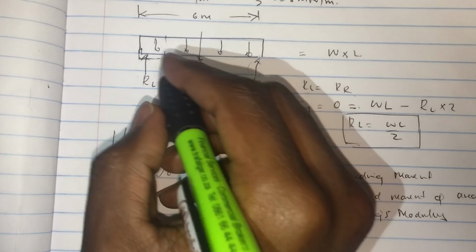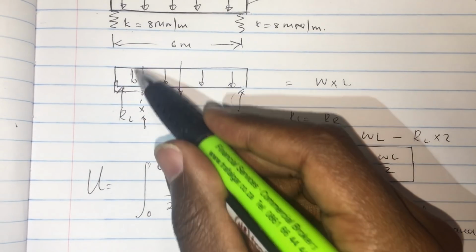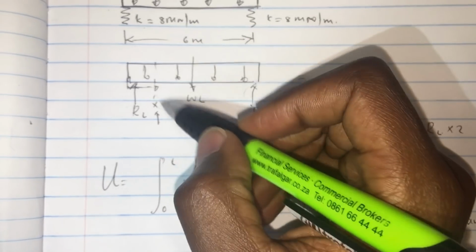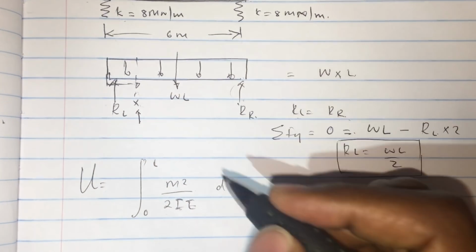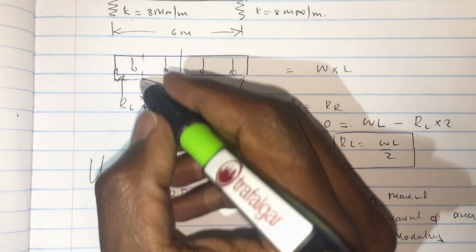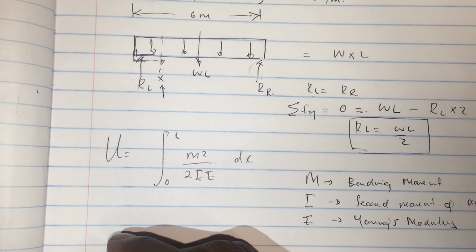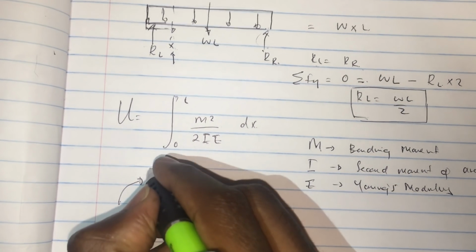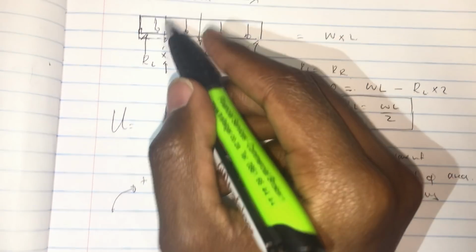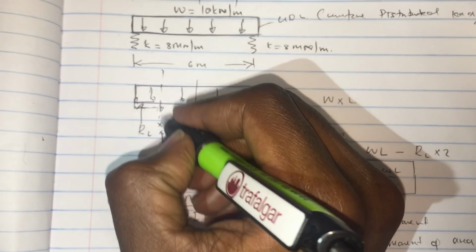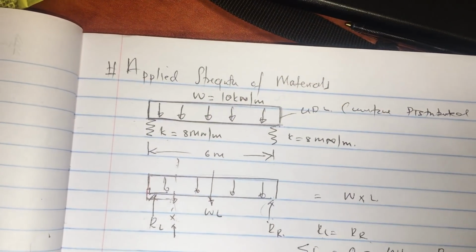Let's call this X. We assume that we are pivoting the beam at this X. We need to find the bending moment of the beam at this point.